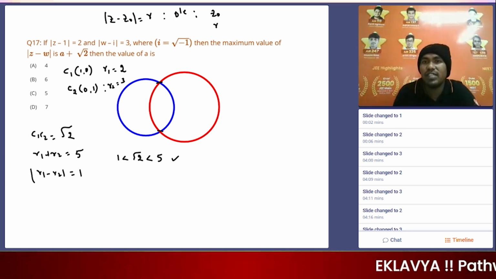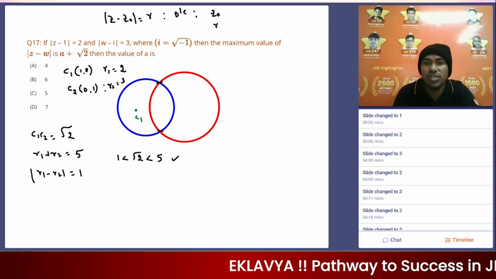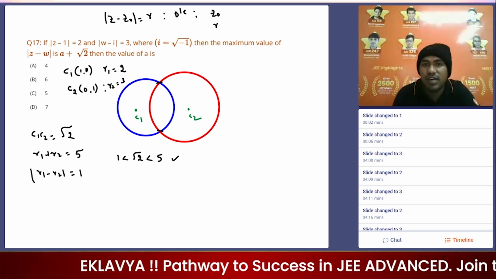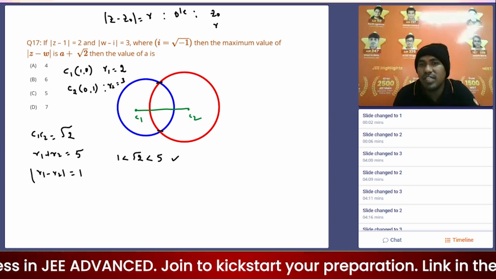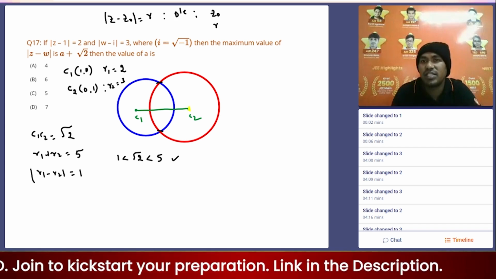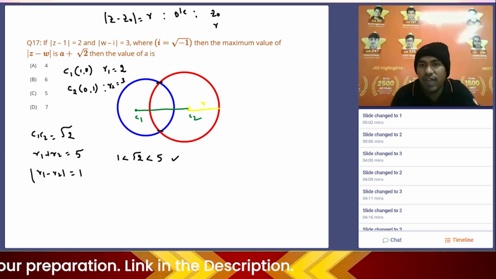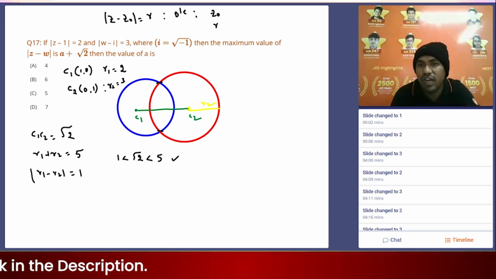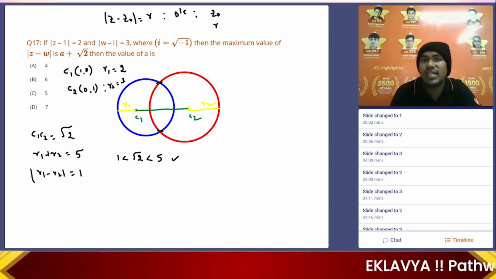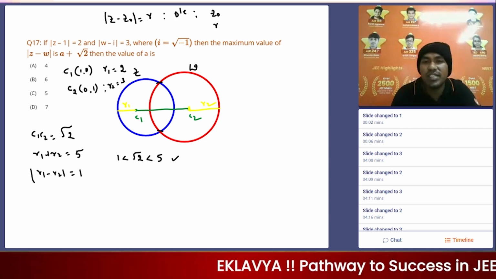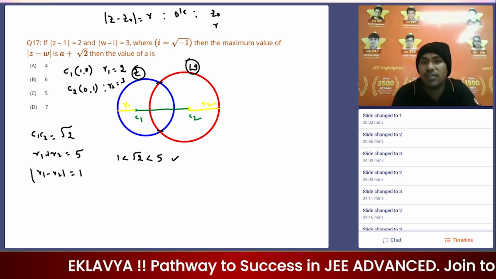So here we have C1 and here we have C2. This is the distance between them, and the radius R2 is from here to here, and from here to here is R1. Z is this one, and this is the locus of omega.